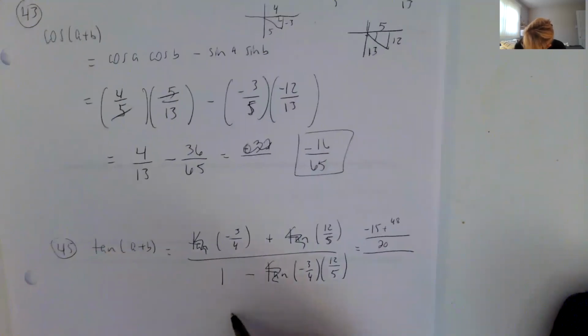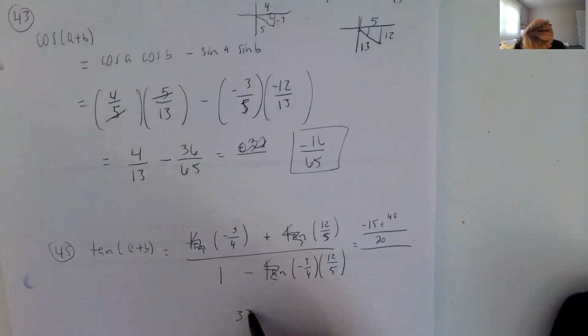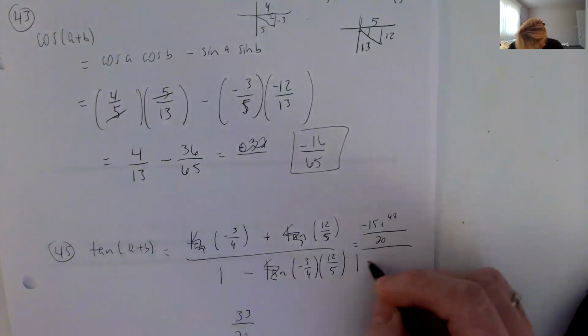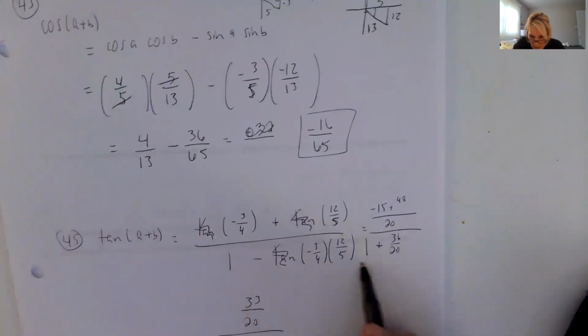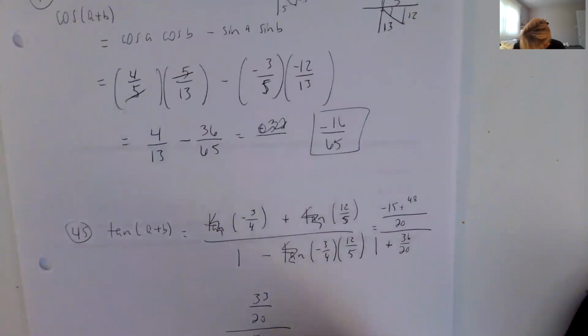So that would be 33 over 20 in the numerator. And that's going to be 1 minus, only 1 plus 36 over 20. So if we add that, that's 56 over 20. So this is 33 over 20 multiplied by 20 over 56.